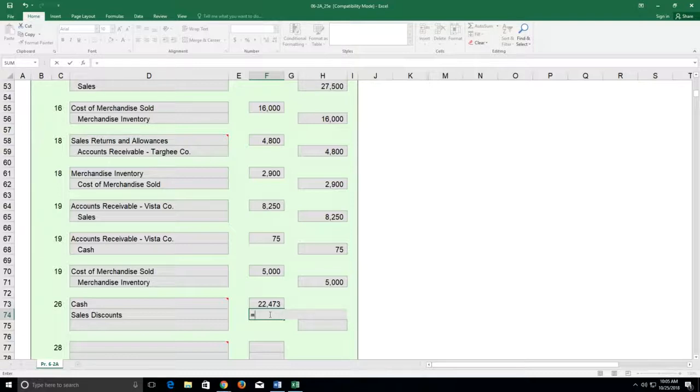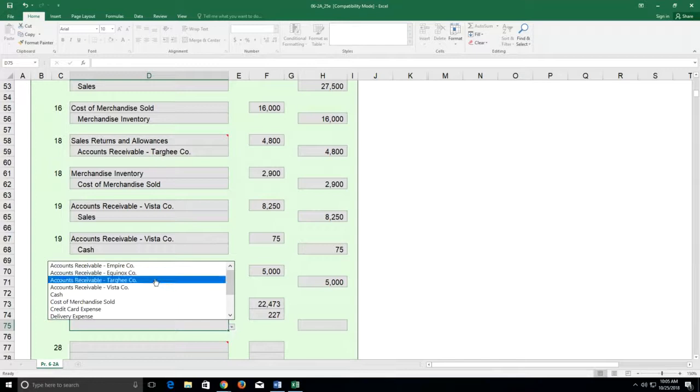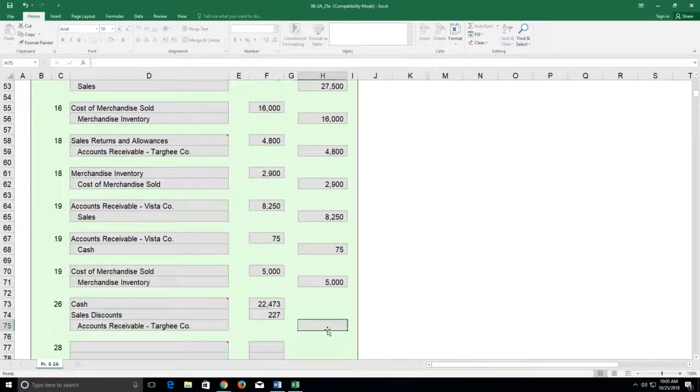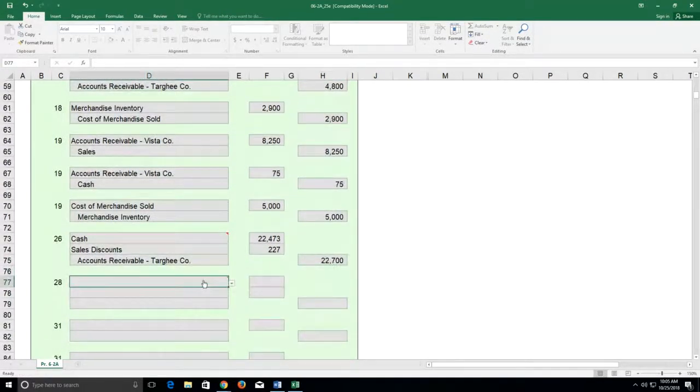So that's going to be 27,500 minus 4,800, close that parentheses, times 0.02. All right. And then we're going to clean the books up for exactly what they owed us, which was $22,700.